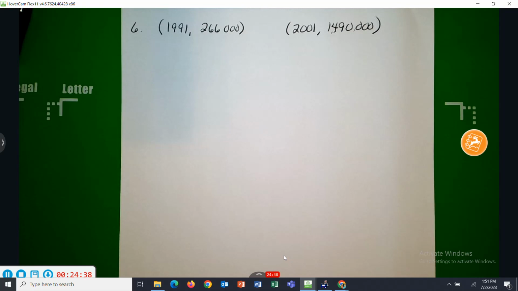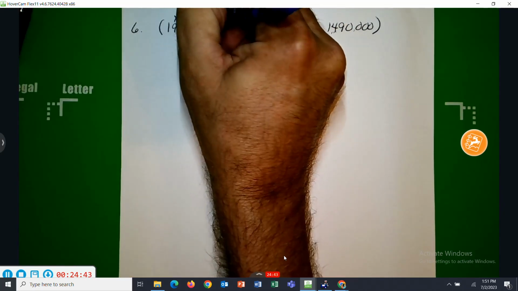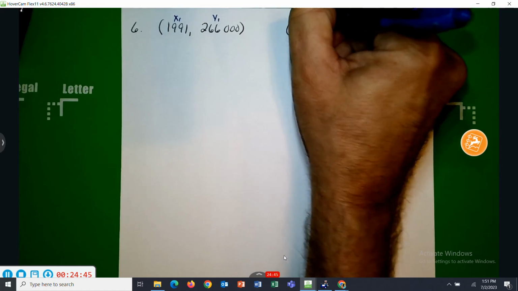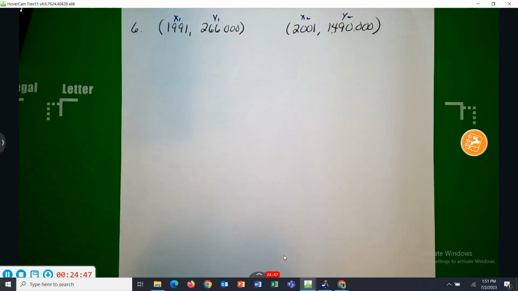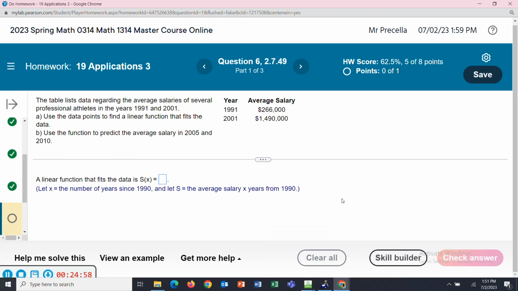So let's find the slope first. x1, y1, x2, y2. And let me see, how are we trying to do it? Oh, I think I've already just spotted a mistake, or I've sort of messed up on something.